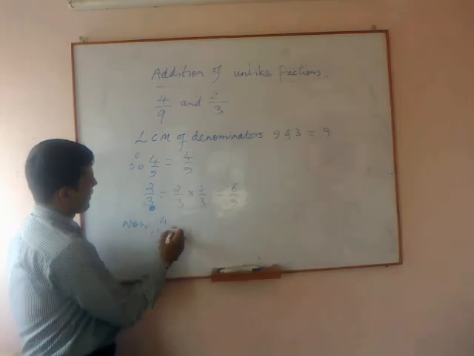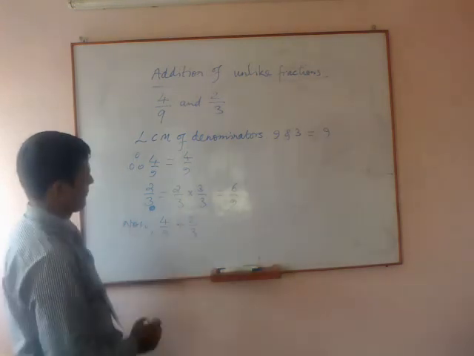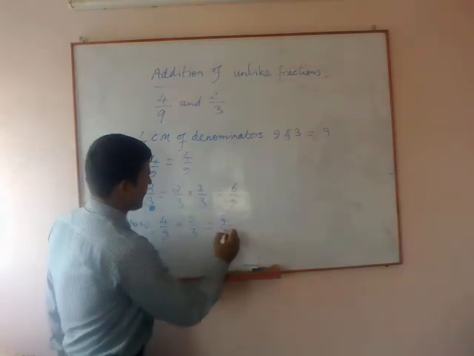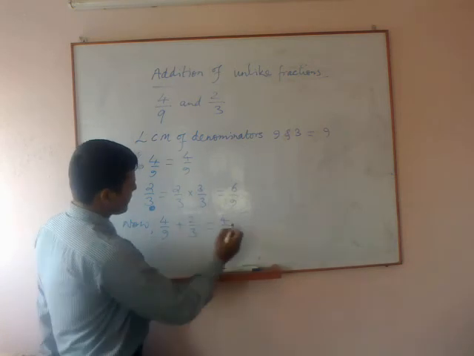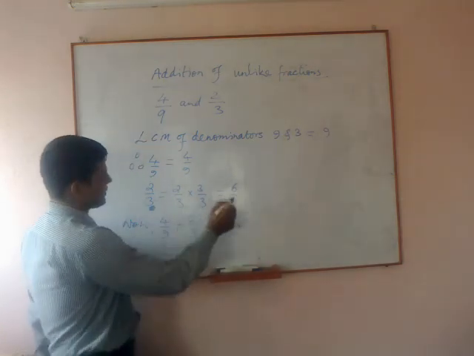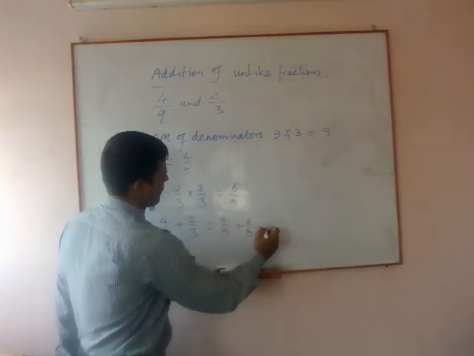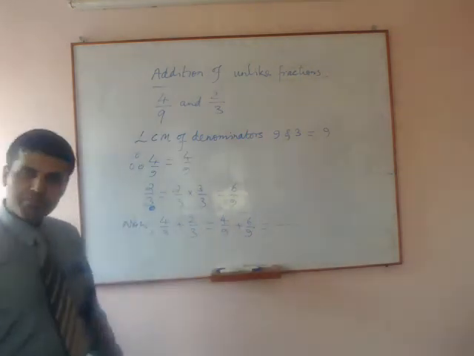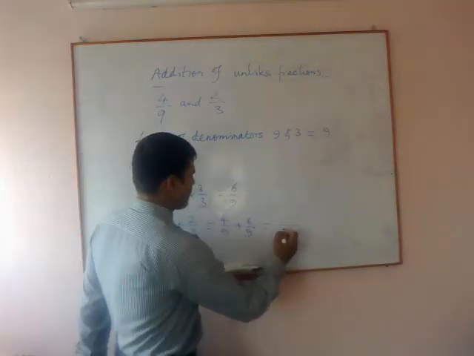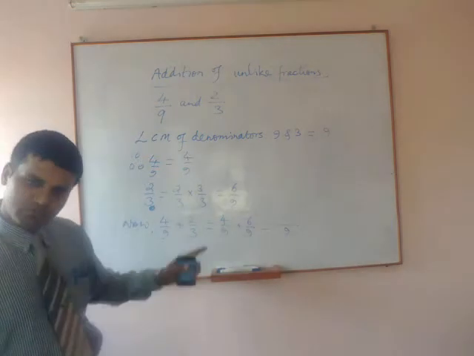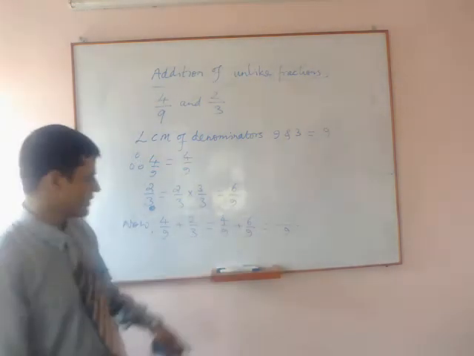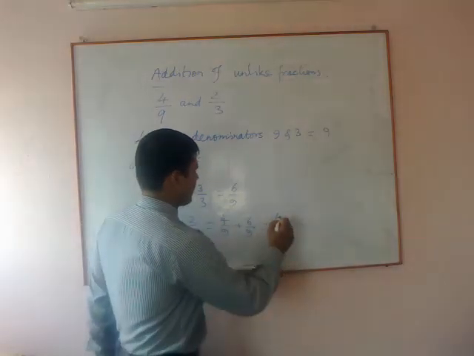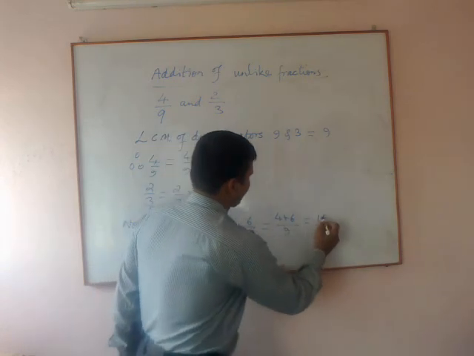4 by 9 plus 2 by 3 equals 4 by 9 plus 6 by 9. Now the denominators are the same. If the denominators are the same, then we take the same denominator, it is 9, then 4 plus 6 equals 10 over 9.